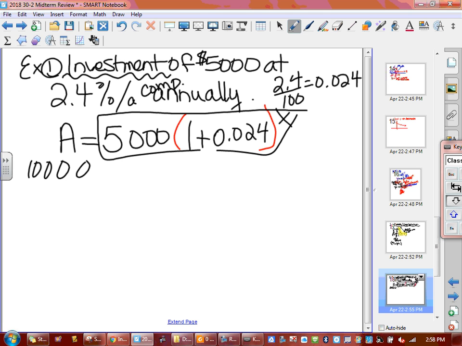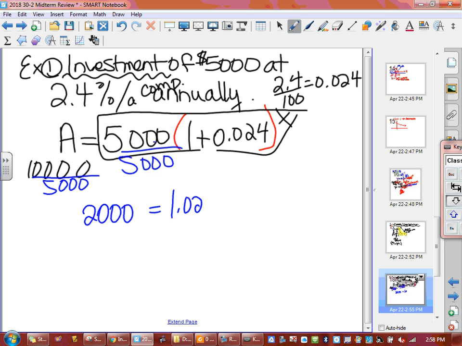Do you want to solve this with logs? Okay? So, first thing we would do is divide this guy out. We divide out 5,000. I end up with 2,000 equals 1.024 exponent x. Now it's literally a log conversion.